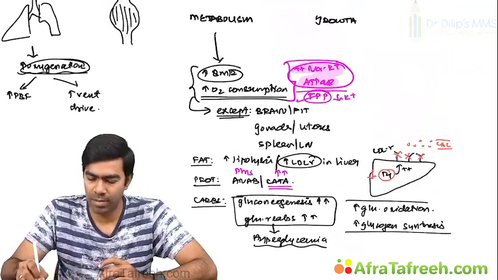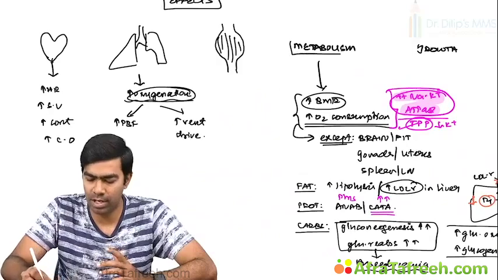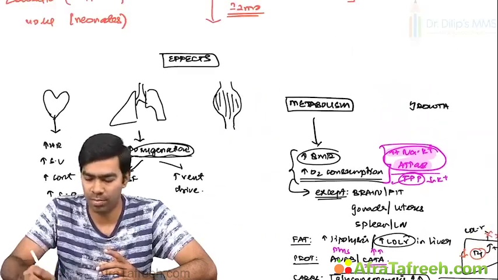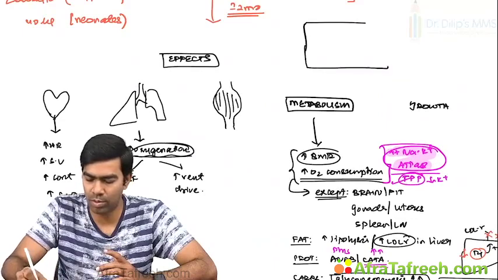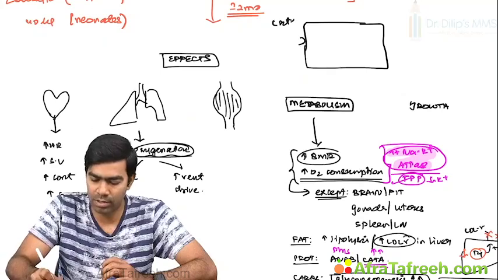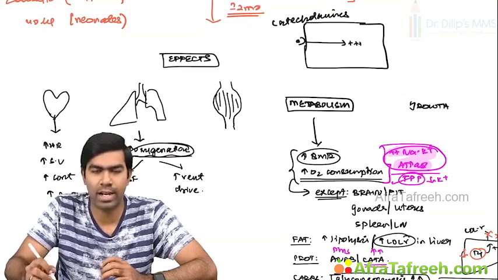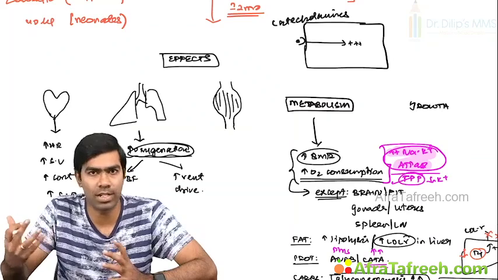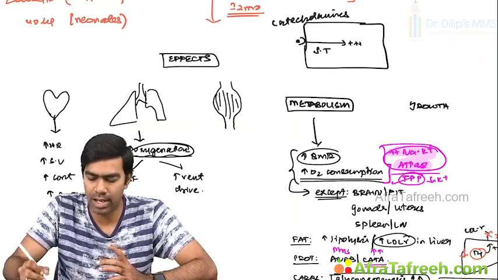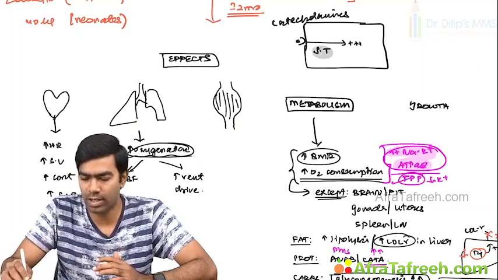So the increase in the BMR and increase in lipolysis and all can be understood by one important principle, that thyroid hormones are going to potentiate the catecholamine action, which means you have these catecholamines which are going to act on the cell surface receptor. These catecholamines have to activate some of the proteins inside the cell, and this action has to be mediated by a lot of proteins called signal transducing proteins.